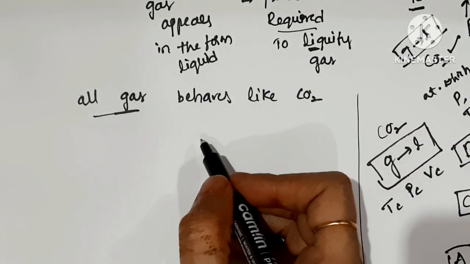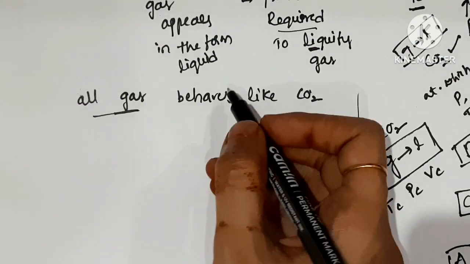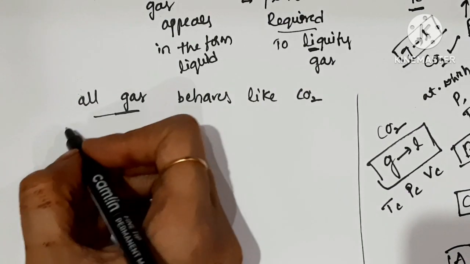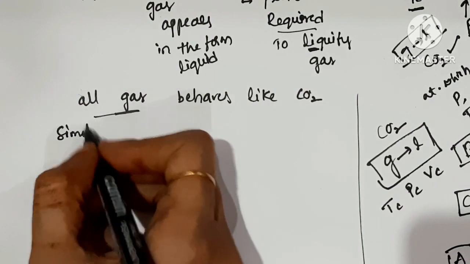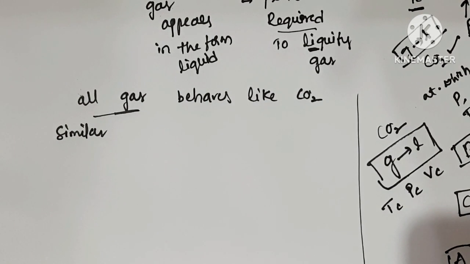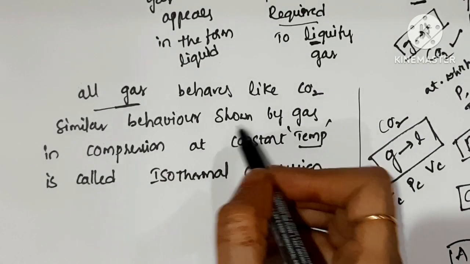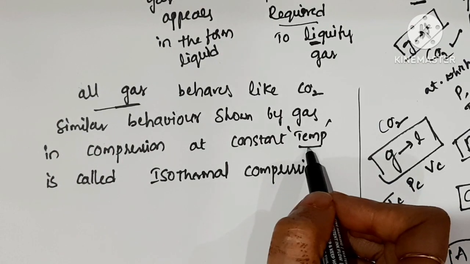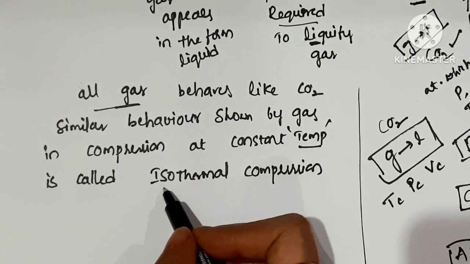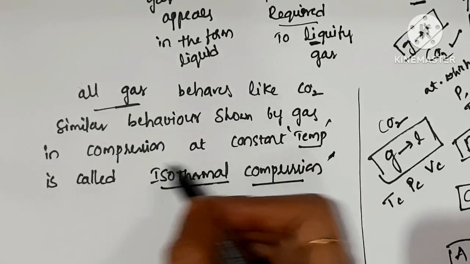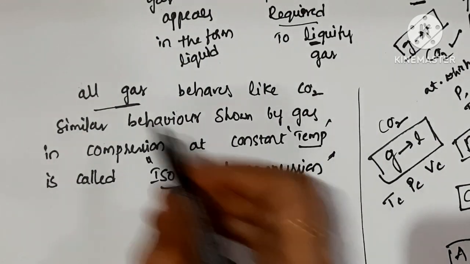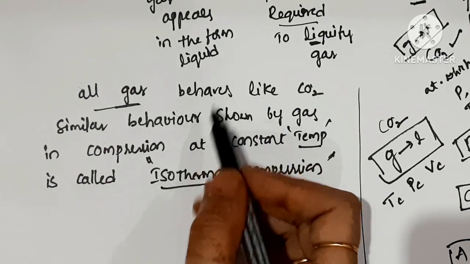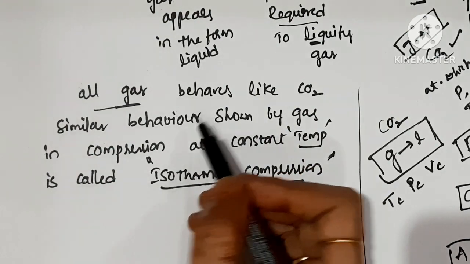This similar behavior is shown by gas in compression at constant temperature. Compression at constant temperature is called isothermal compression. Generally, all gases behave like CO2. He decided that after many experiments.